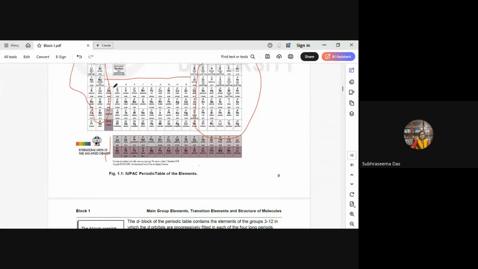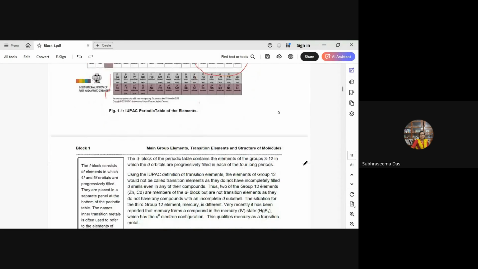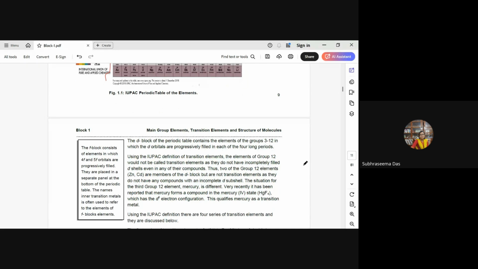These transition elements are also called d block elements because the last electron goes into the d orbital. That is why they are called the d block elements. Now, according to the definition of IUPAC, the International Union of Pure and Applied Chemistry, certain elements should not have been present in the d group.